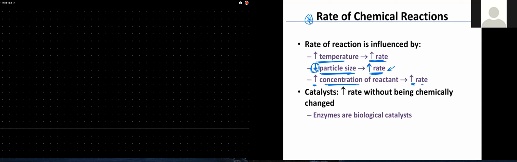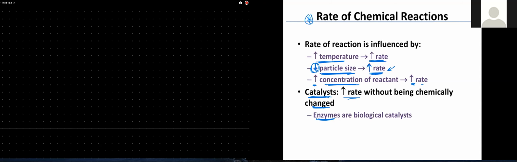In order to carry on the chemical reactions, I will need catalysts. Catalysts increase the rate without being chemically changed. Those are like the enzymes, which are biological catalysts.